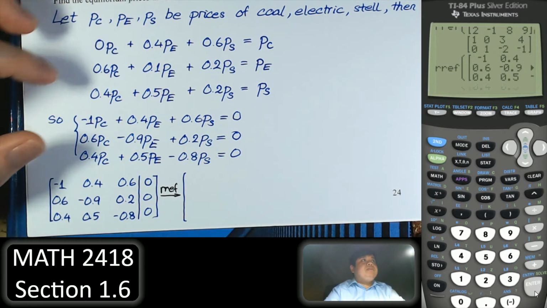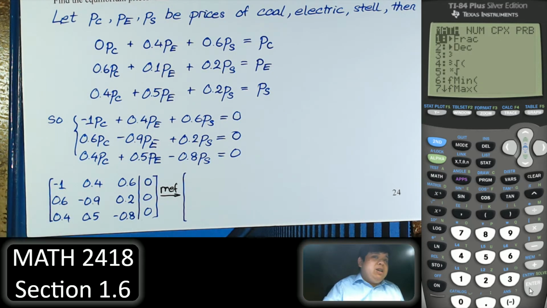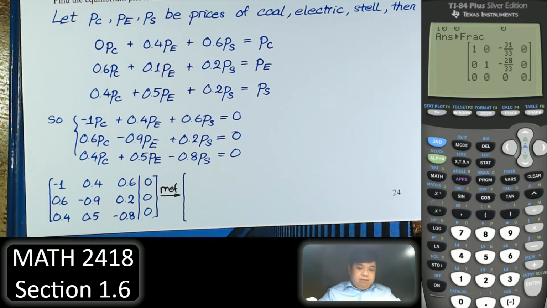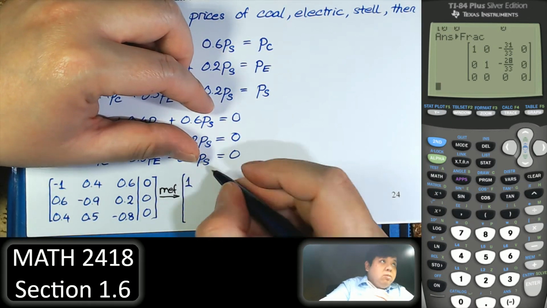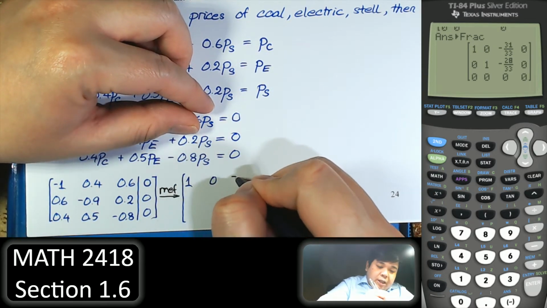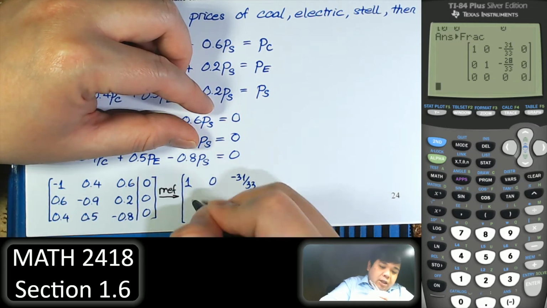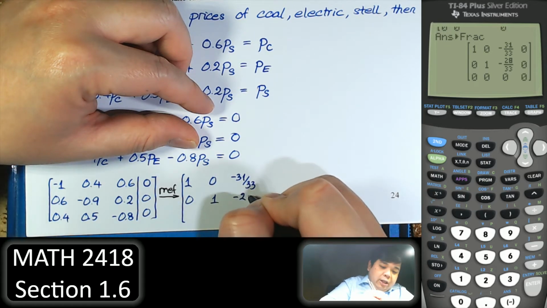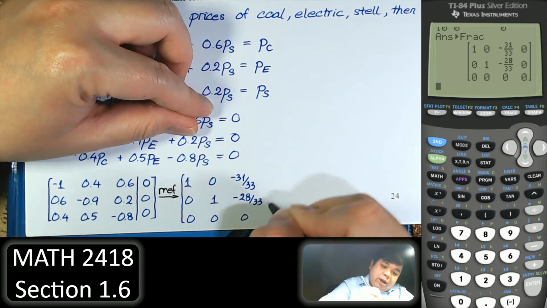Right. You can always write the reduced row echelon form in the fractional form. -31 over 33, 0, 1, -28 over 33, and 0 everywhere else.